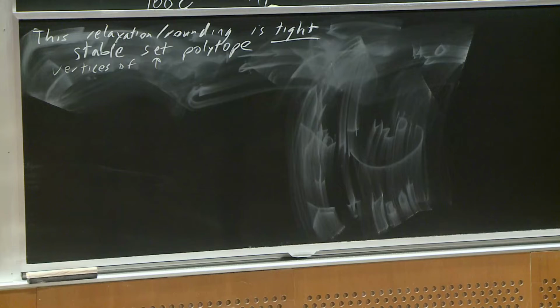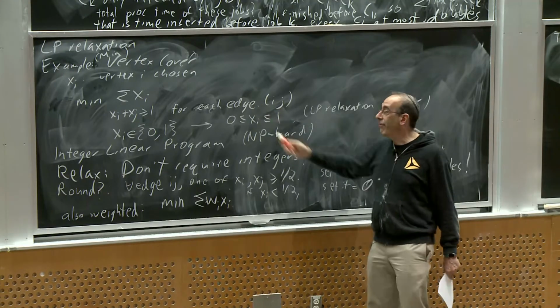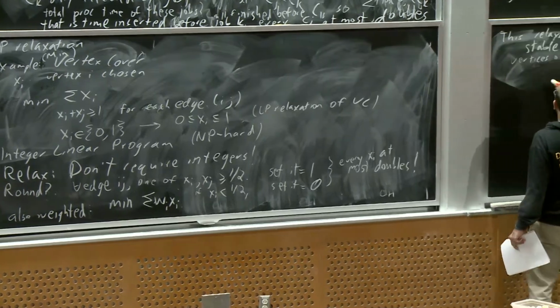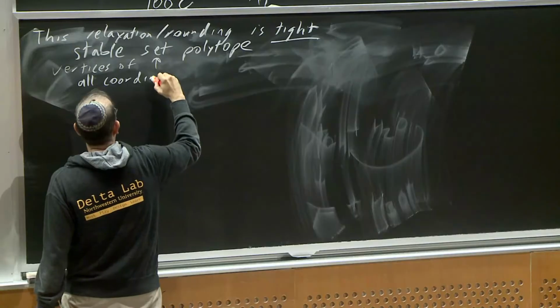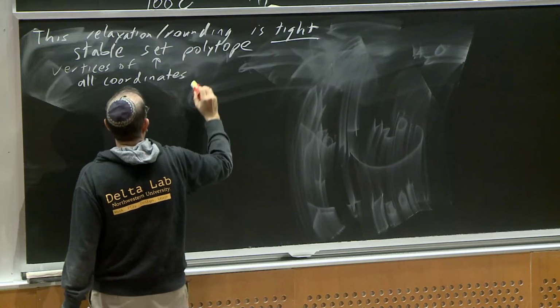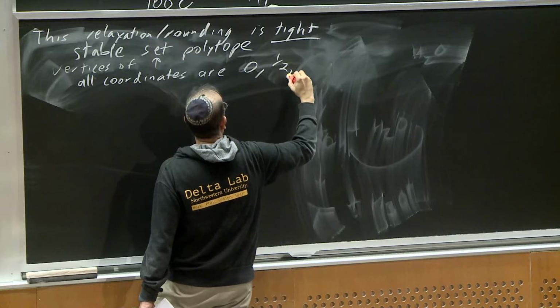Remember, this is an LP. It can have fractional solutions. And in fact, what they show is that all of the coordinates of every vertex of the stable set polytope are either 0, a half, or 1.